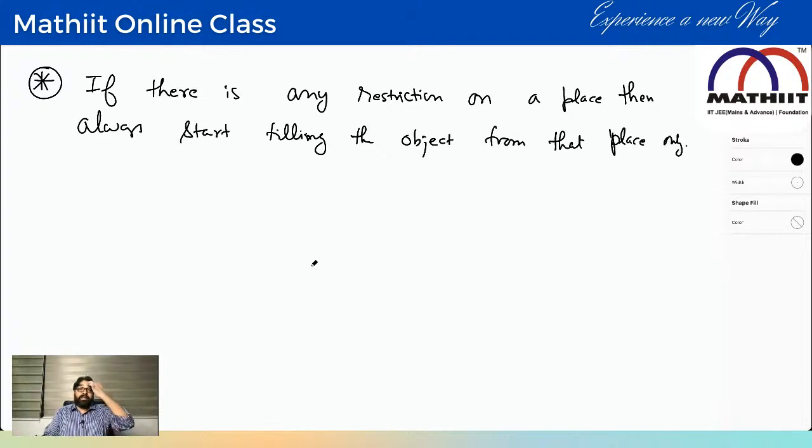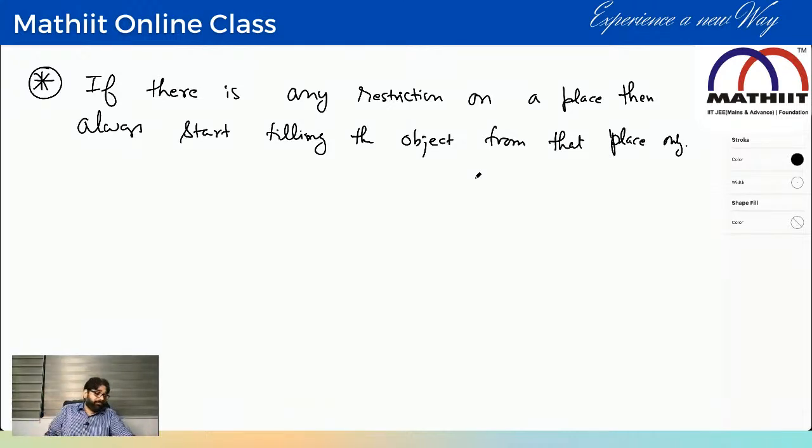See, till now, whatever filling we did is called free arrangement. This is called restricted arrangement, restricted counting. Sometimes there will be some condition on a particular place. So that particular place, first you have to fill, then only go to the next one.